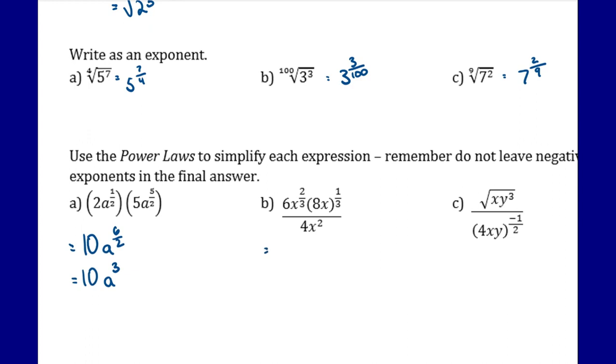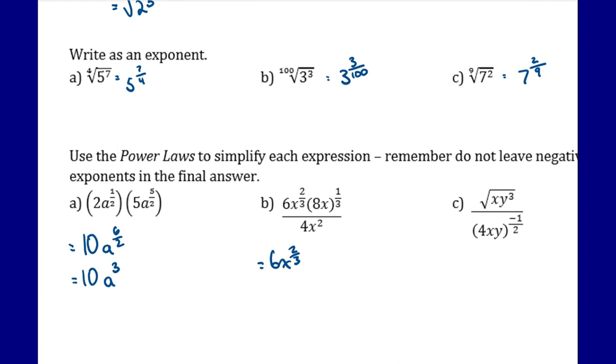So next one, b: 6x to the power of 2/3 times 8x all to the power of 1/3, divided by 4x squared. Again, I'm going to simplify the top and the bottom as much as possible. I don't really do anything to the 6x to the power of 2/3.